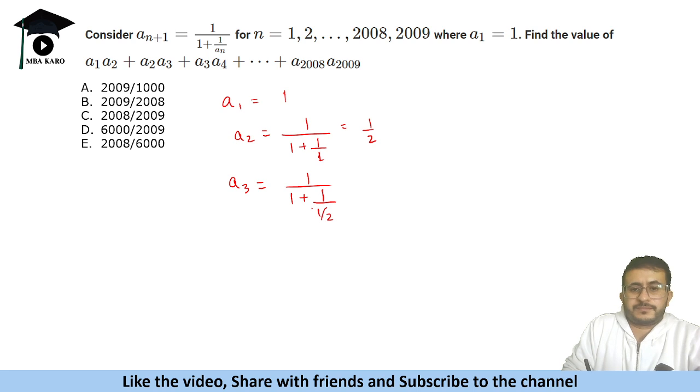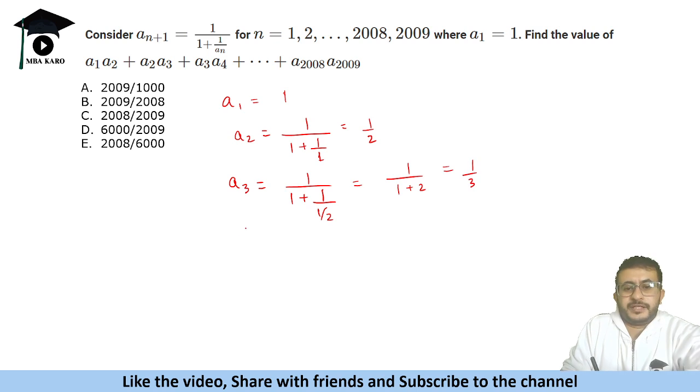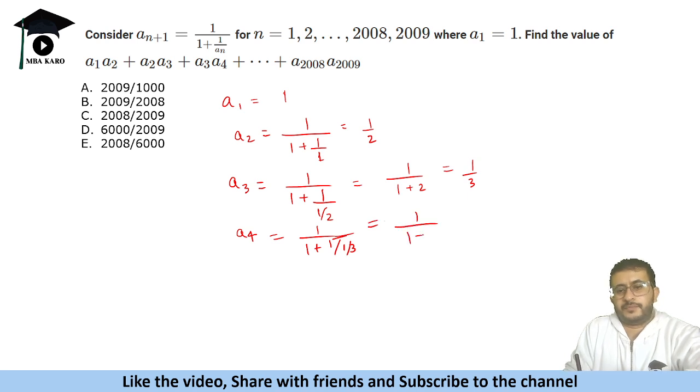So this becomes 1 upon 1 plus 2, right? 1 upon 2 when you divide 1 by it becomes 2. So 1 plus 2, that is 1 upon 3. Similarly, if you find a4, that will be 1 upon 1 plus 3, that is 1 by 4, and so on.